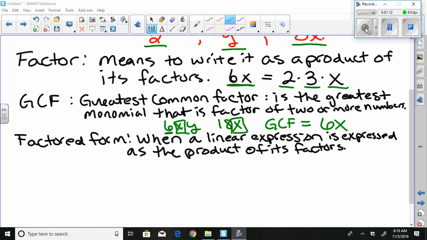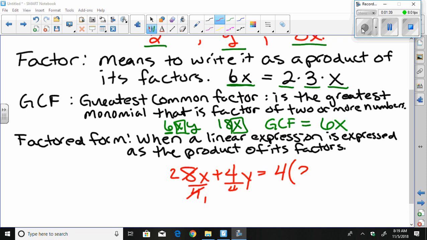And factored form is when a linear expression is expressed as the product of its factors. For instance, if we took 8x plus 4y, we can factor something out. What we have in common with both of these is a 4. So if I take a 4 out front, what do I have left? Well, I'm just dividing everything by 4 here.